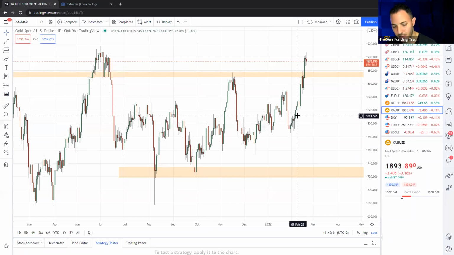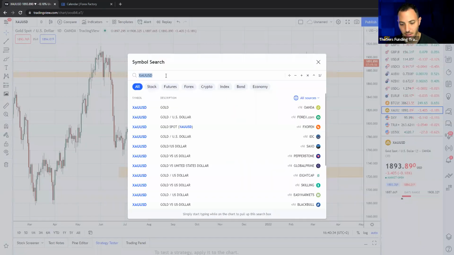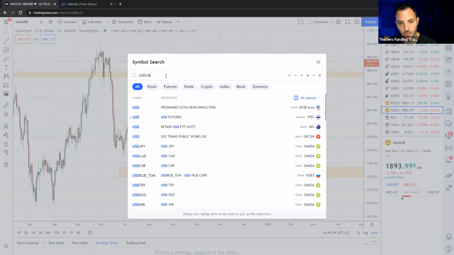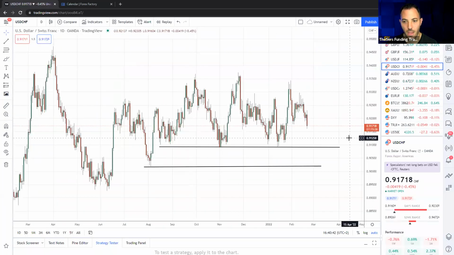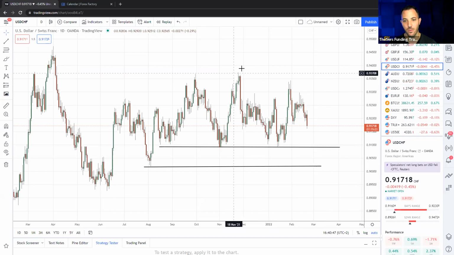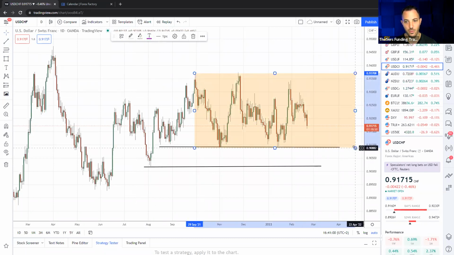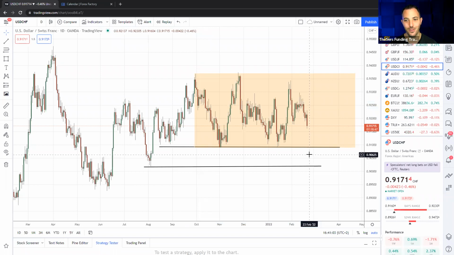Okay, there was a request for Euro New Zealand, I guess, and also for USD franc. Guys, for those of you who use ranging strategies, there's the potential to make a lot of money, because the US and the franc have been so balanced for so long.